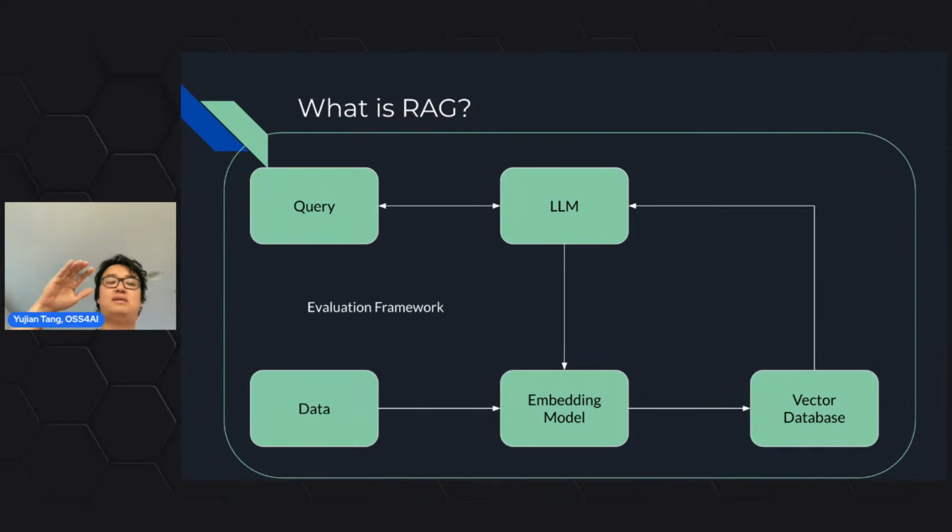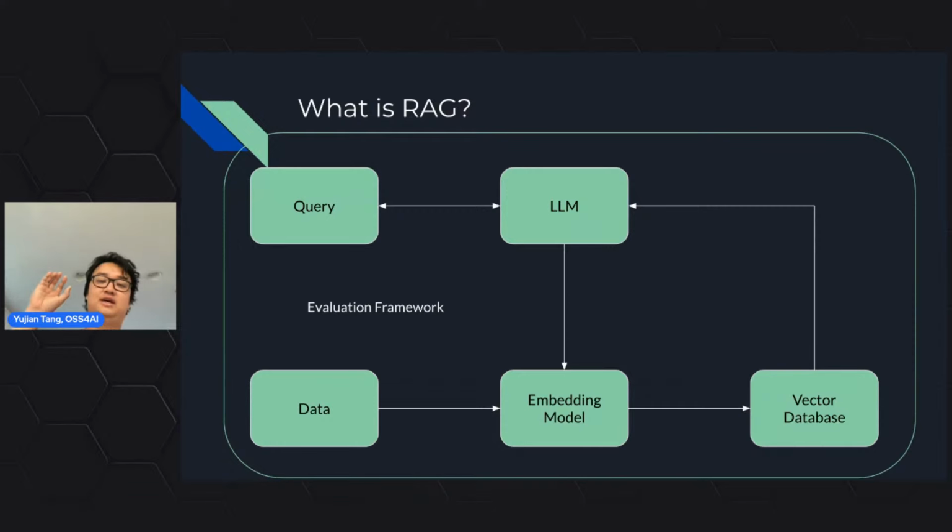And then on the top, you'll see what happens when you actually use it. You have some sort of query and you ask the LLM something. The LLM takes your query, tries to figure out what you're asking, and sends that to the embedding model, gets that embedding, and then sends that embedding to the vector database, which returns to the LLM some of the top results for that embedding.